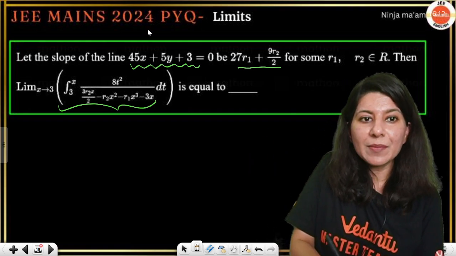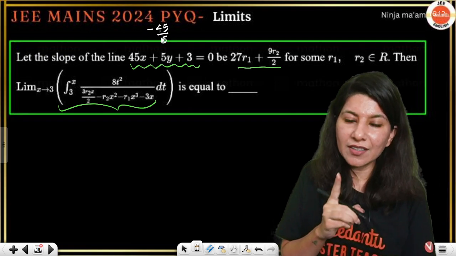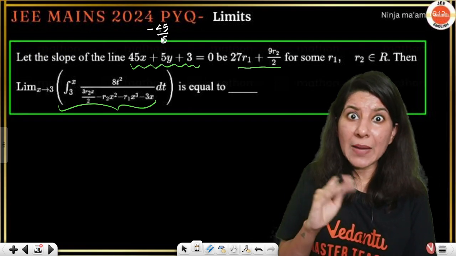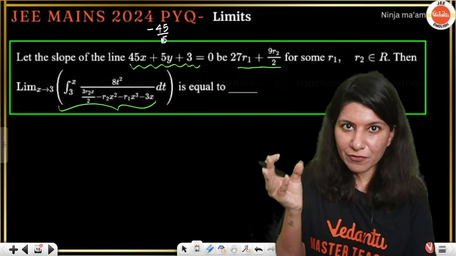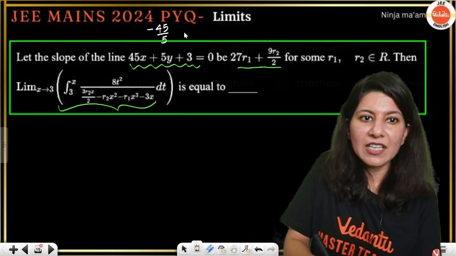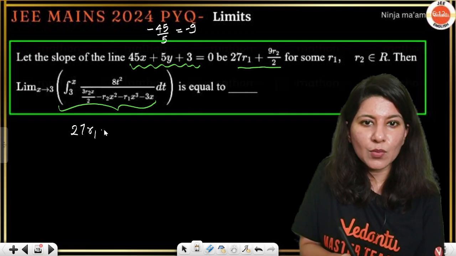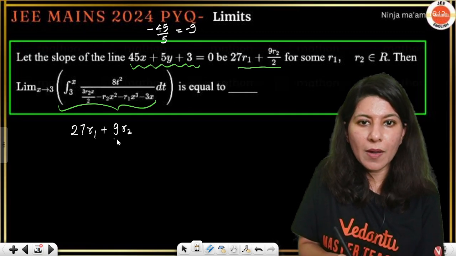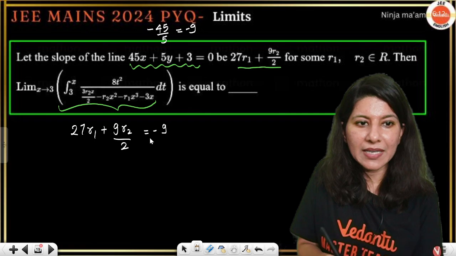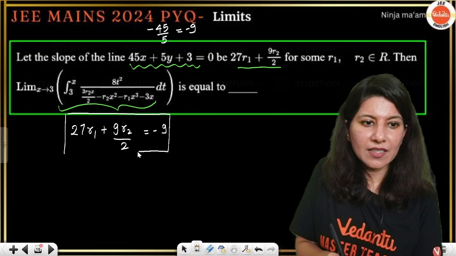The slope of this line will be minus 45 by 5. You know the shortcut to calculate the slope of any line: minus of a by b, minus of the coefficient of x upon the coefficient of y. Minus 45 by 5, so minus 9 is the slope clearly. So 27r1 plus 9r2 by 2 is becoming minus 9. Let's keep it like this.